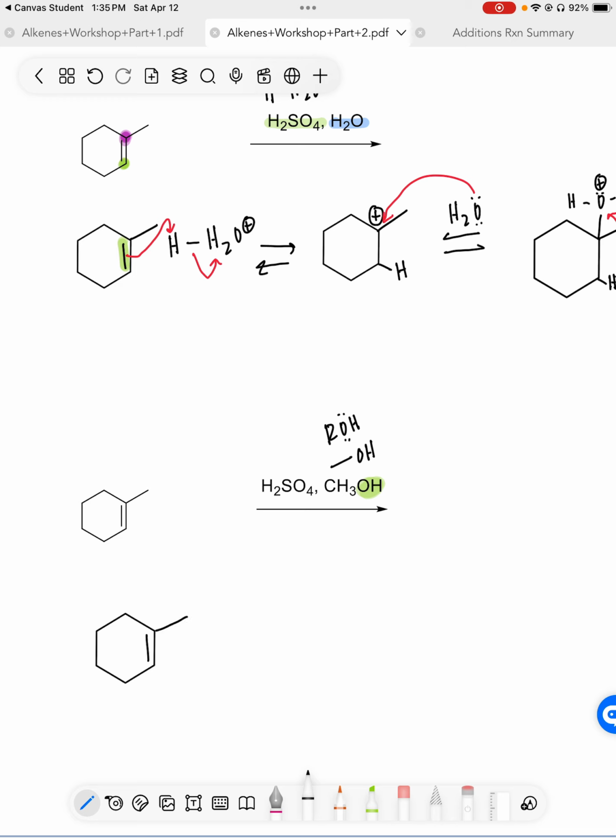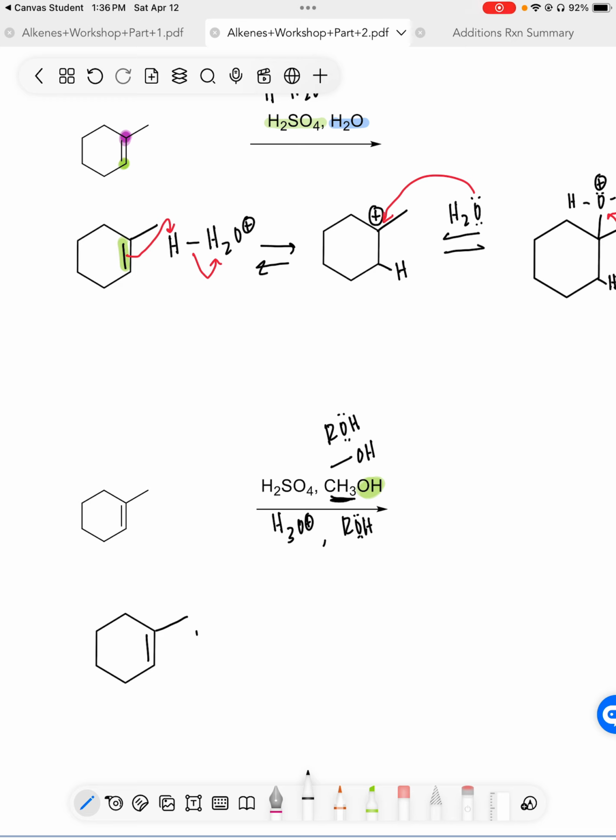All right. So we'll start, remember this is H3O+. Let's just rewrite it. And then this is going to be basically an ROH. But you need to keep in mind that this CH3 group is the R. So you want to make sure that that's what you're adding on to your alkene. Don't forget, don't leave that off.